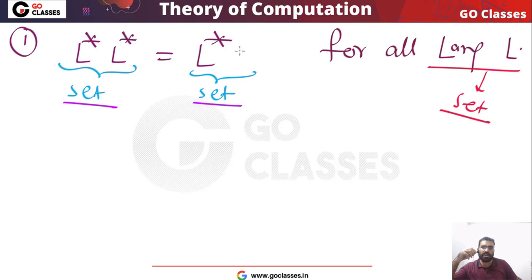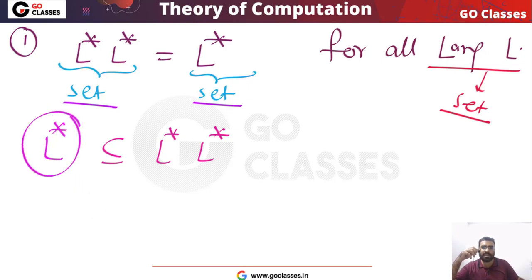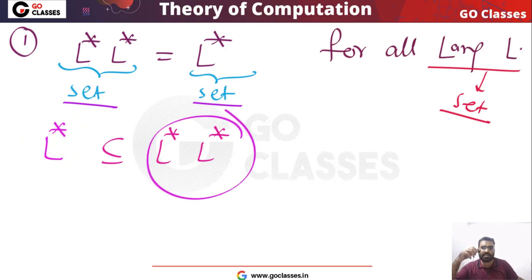Now clearly you can notice that this set is definitely a subset of L star. Every string of L star definitely belongs to L star. Let's assume some string W belongs to L star.